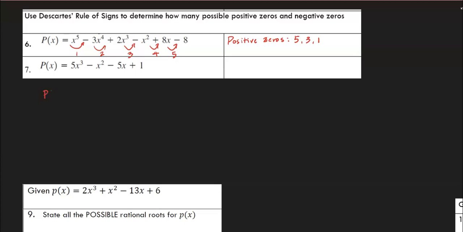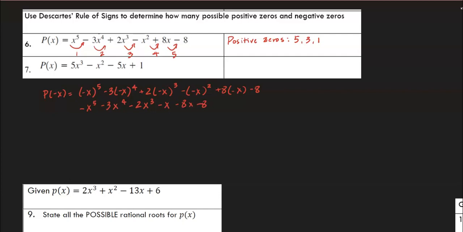Now I'm going to take that P and I'm going to input a negative x: negative x to the third minus negative x to the second plus 8 negative x minus 8. That's going to give me negative x to the fifth, a minus 3x to the fourth, a minus 2x to the third, a minus x, a minus 8x and a minus 8.